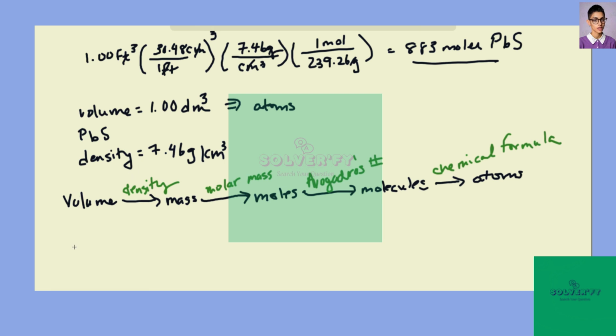So again, we start off in our conversion with our given volume, 1 cubic decimeter. Because our density is in cubic centimeters, we need to change that to cubic centimeters. And there are 10 centimeters in 1 decimeter.